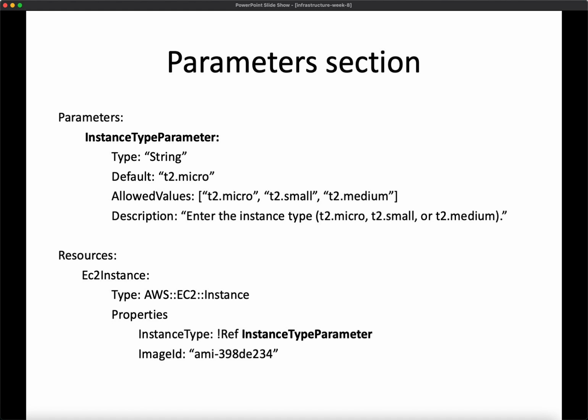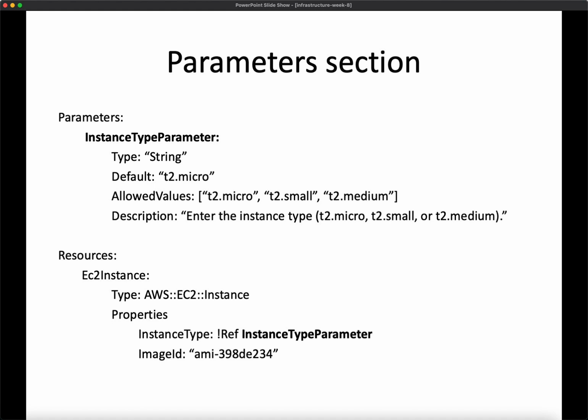It's also got a set of allowed values: t2.micro, t2.small, t2.medium. Whatever value is provided for this parameter must be one of the values in that list. And then there's also a description, which is always helpful to provide.